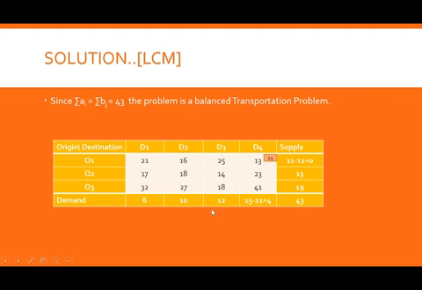When I add up the supplies and the demands, I get 43. So since summation ai is equal to summation bj is equal to 43, the problem is a balanced transportation problem. So what are we supposed to do next? Compute the IBFS using least cost method.